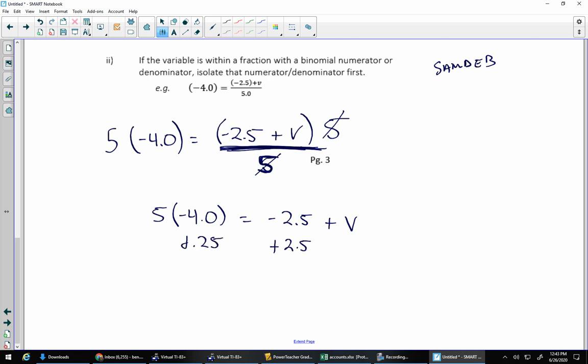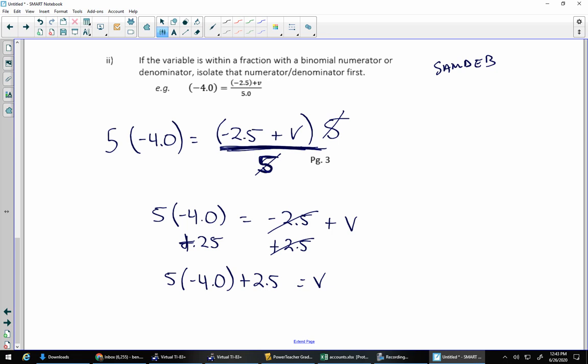Now I just told you that I don't really like having it on 2 separate lines. So let's rewrite this. I've got 5 times negative 4 plus 2.5 is equal to v, and I think we can go ahead and solve from there. I'm not even going to use a calculator. It's going to be, oh, I might have spoke too soon.